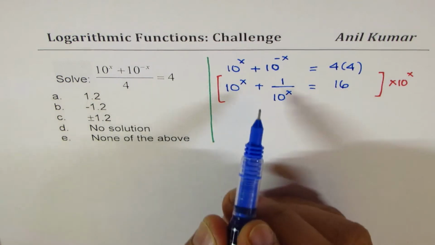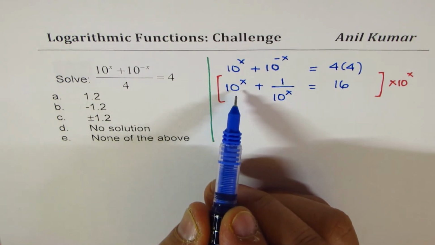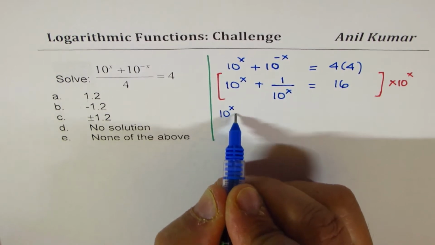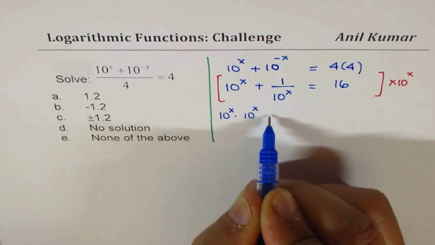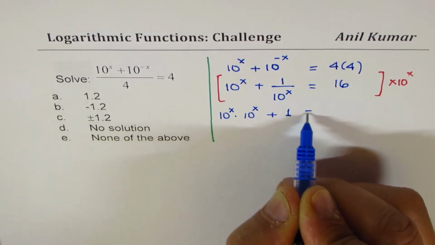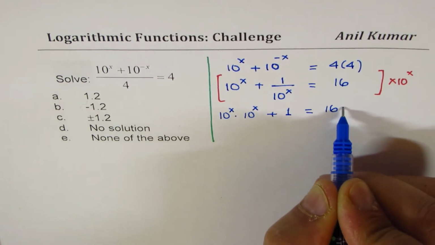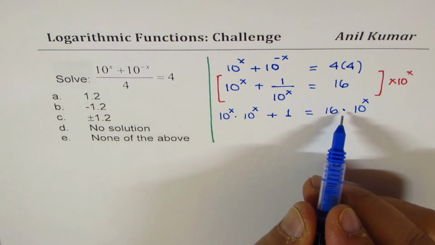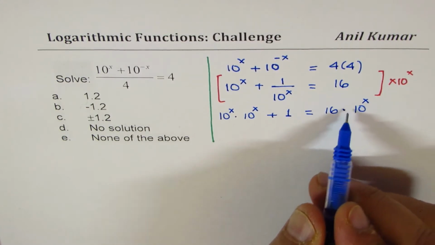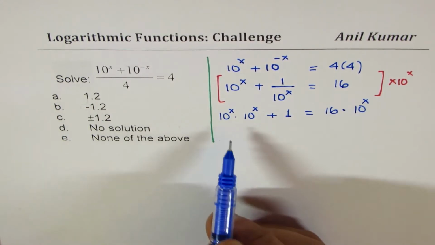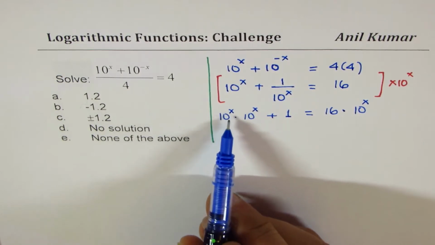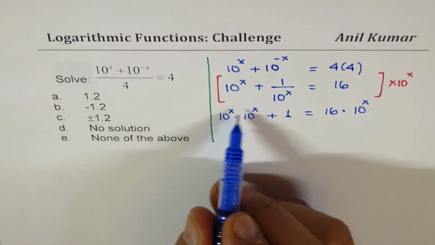So what do we get? We get 10 to the power of x times (10 to the power of x plus 1) equals 16 times 10 to the power of x. I'm not writing a multiplication sign since it conflicts with the x. Now when you have 10 to the power of x times 10 to the power of x, the exponents get added up, so it becomes 2x.